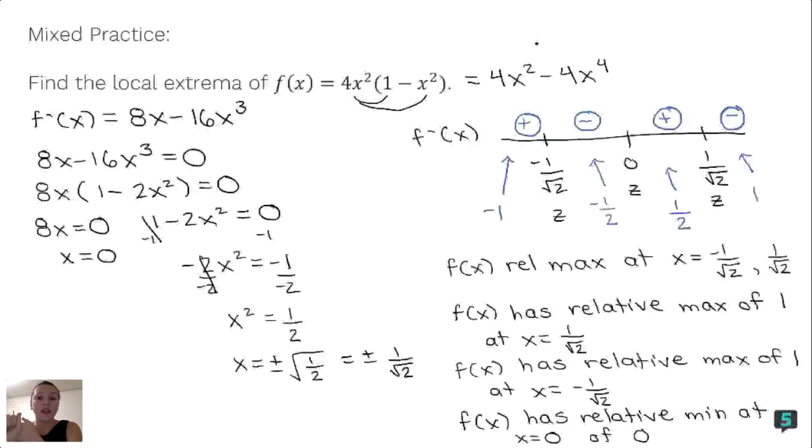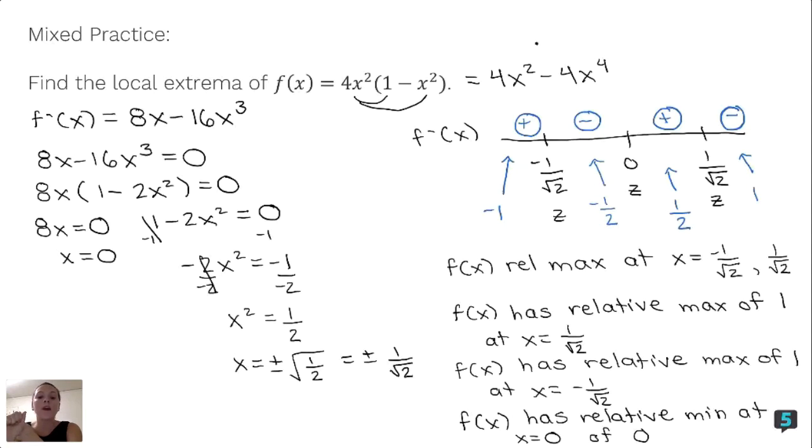When my derivative is negative, it's the same as saying my function is decreasing. When my function changes from increasing to decreasing, I end up having a relative or local maximum. When my function changes from decreasing to increasing, I have a relative or local minimum.